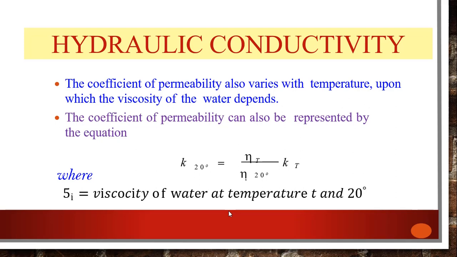So the coefficient of permeability can also be represented by an equation. We conduct the permeability test at a standard temperature, that is 20 degrees Celsius. So this is the standard equation for calculating the hydraulic conductivity, which is K20 is equal to ηt by η20 into Kt.